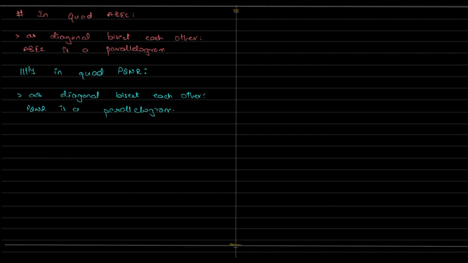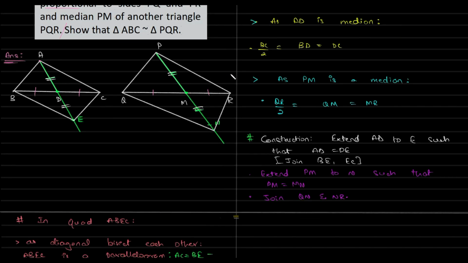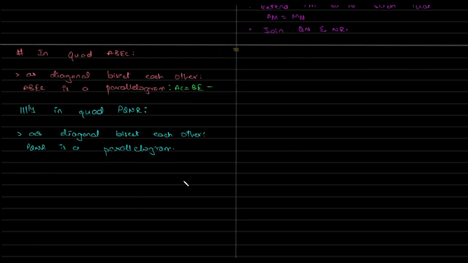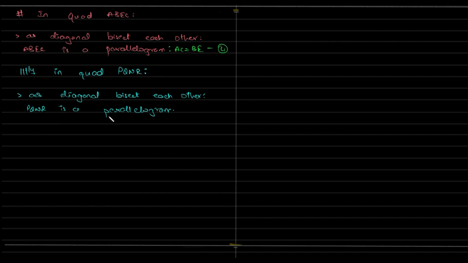So what does it make? It will help us conclude that AC is equal to BE. We need to number the equations: this is 1, this is 2, this is 3. I don't know where it will be used, I'm just numbering them. This is equation 4. And here, again, look at your diagram. It will tell PR is equal to QN.